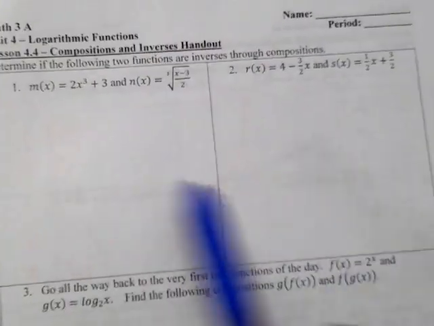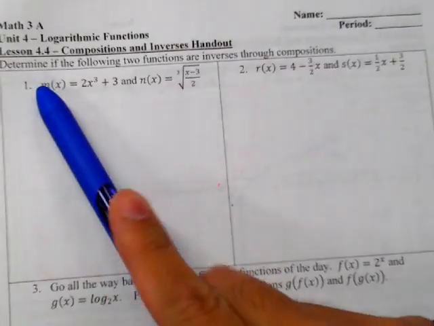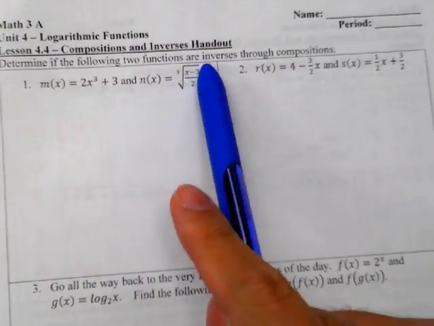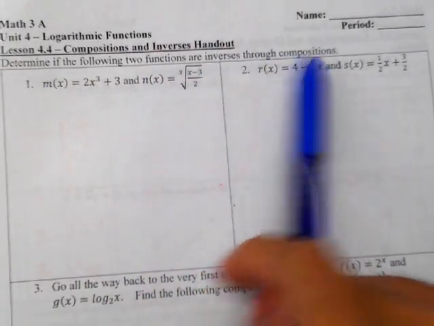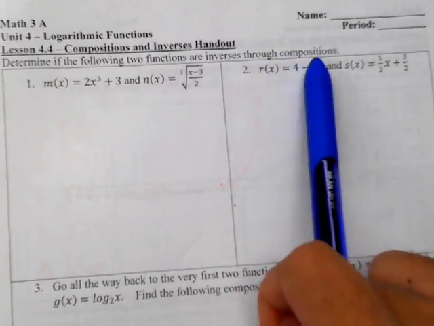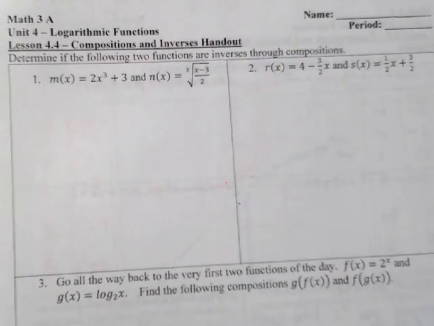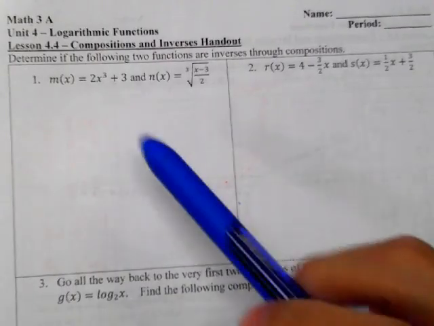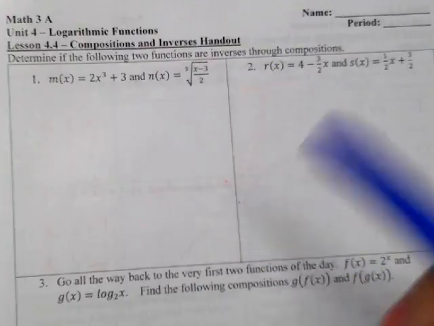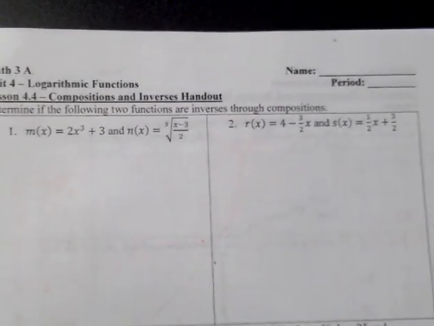We're going to use compositions to do this. I'm going to have you try it out. Why don't you try the first two pairs? For question 1, take m of x and n of x, do a composition, and see if that means the two functions are inverses or not, and do the same thing for the pair in question 2.